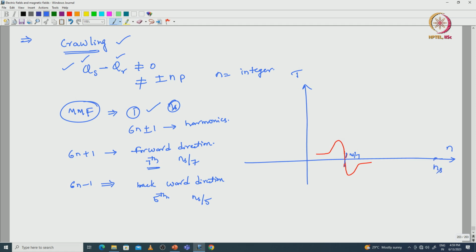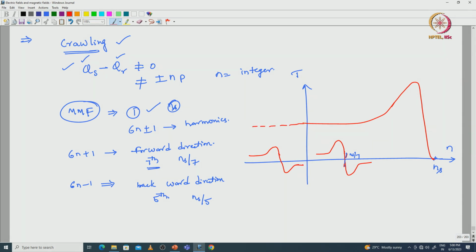This is ns. So, for the fundamental one it will be in this manner. And for the fifth harmonic it is in a backward direction, magnitude will be slightly less, it will be here.